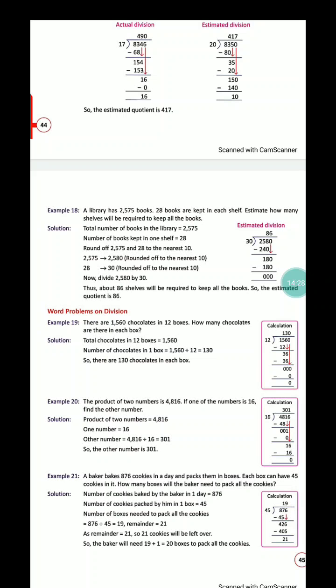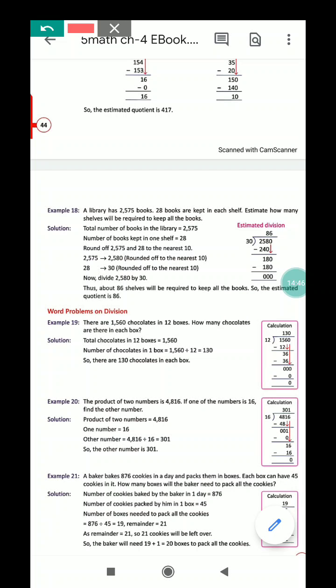Total number of books in the library is 2575. Number of books kept in one shelf is 28. So round off these numbers to the nearest 10. After rounding off, we have got that 2575 becomes 2580, and 28 is rounded off to 30.